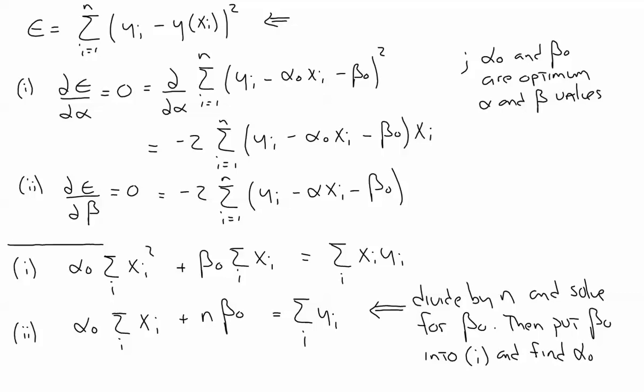Those are the steps I'm going to do. I'm going to take that second equation, divide by n and solve for beta naught. Then I'm going to plug beta naught back into equation 1 and solve for alpha naught. All right, let's do that.